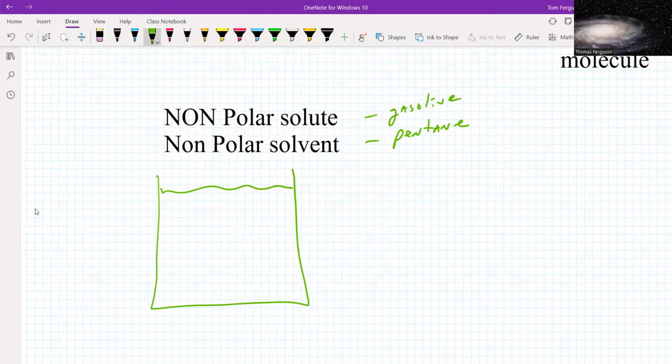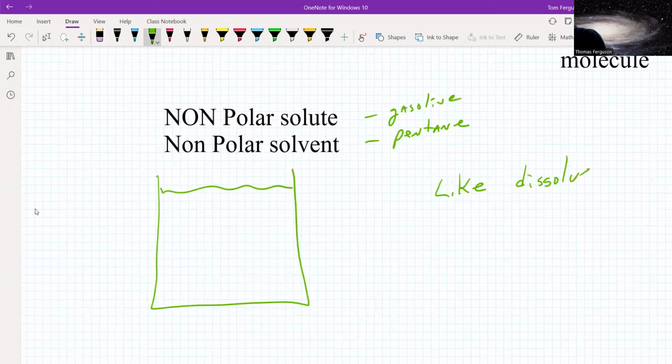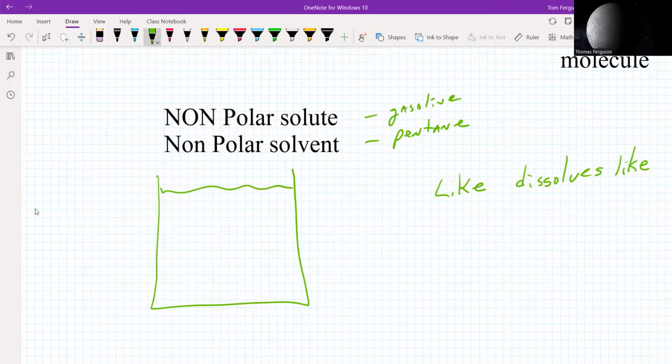So if pentane is the solvent, we drop a little bit of gasoline in there. The gasoline immediately forms a solution with the pentane because they're both nonpolar. So there's an expression called like dissolves like. Nonpolar solvents dissolve nonpolar solutes. Polar solvents dissolve polar solutes.